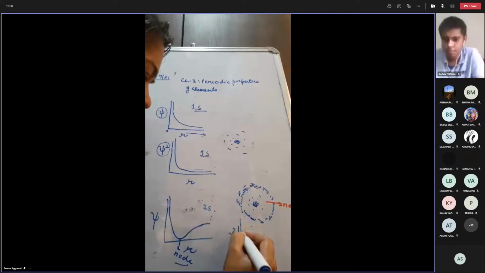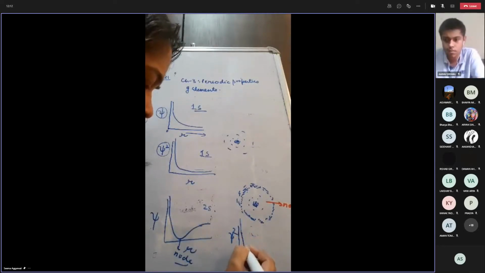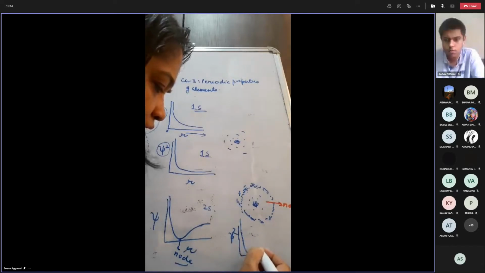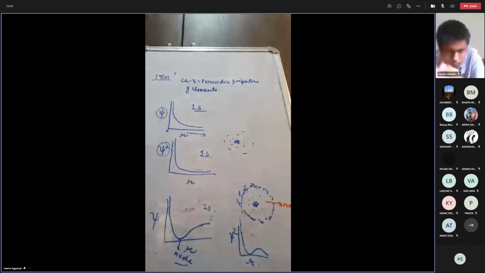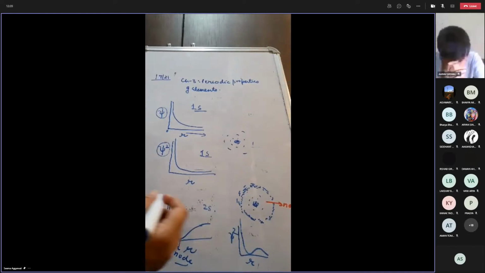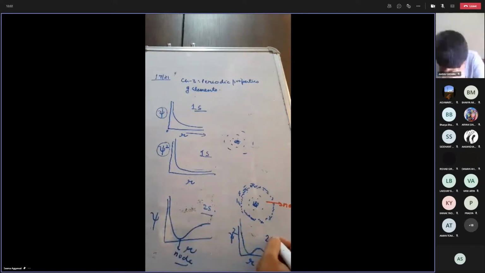Initially it is very high, but the difference will be less. Then again it increases, and then again it decreases. So these are the plots of psi and psi square versus r for the 2s orbital. Okay?